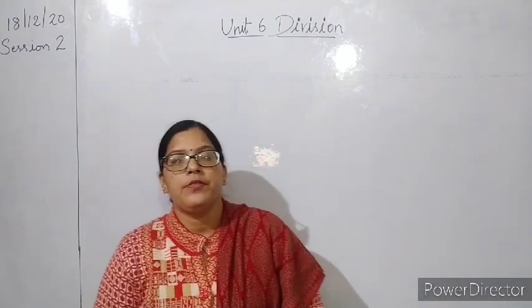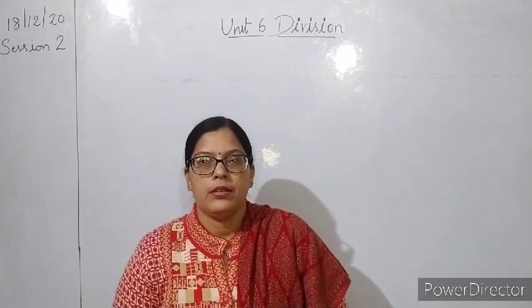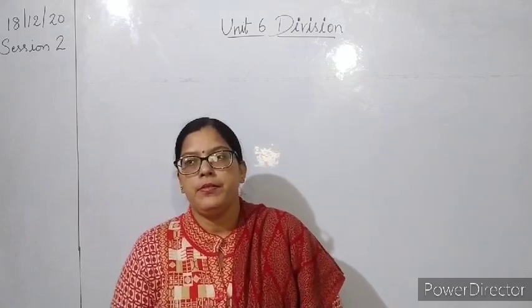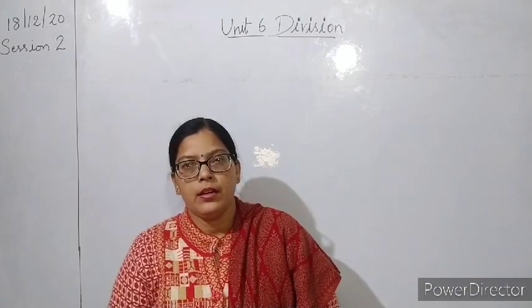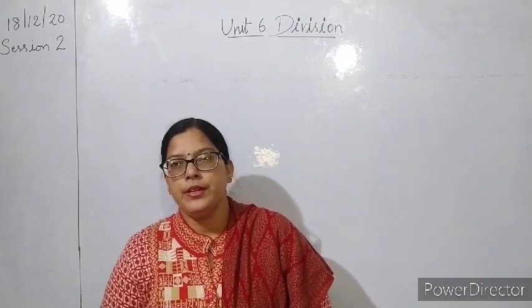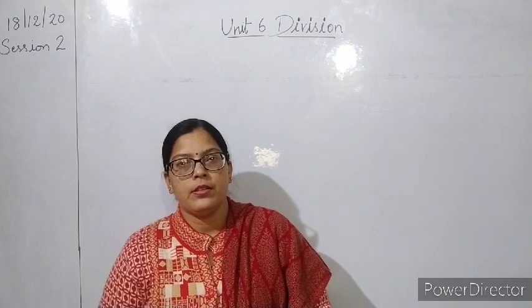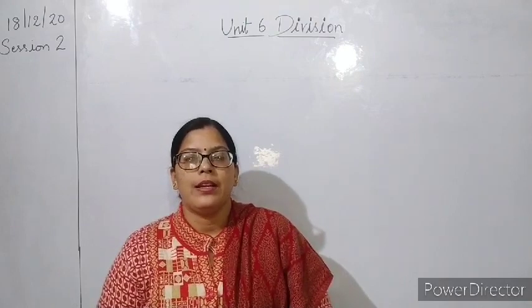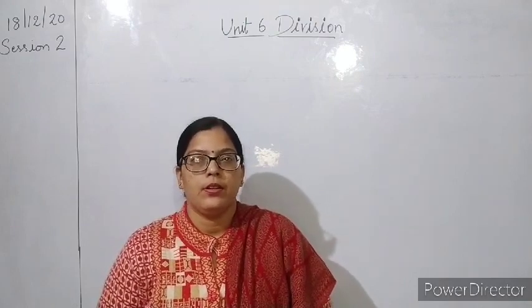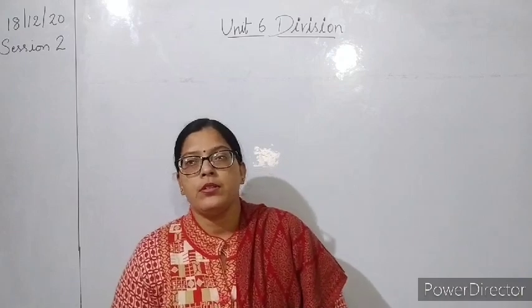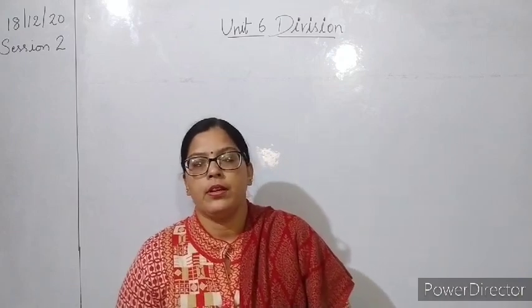The terms used in division are dividend, the number which we divide, then divisor, the number by which we divide, and quotient, the answer that we get after division. And now we also know the symbol or sign of division.